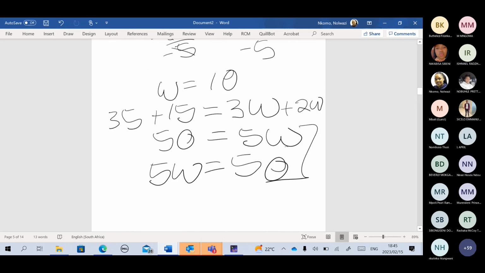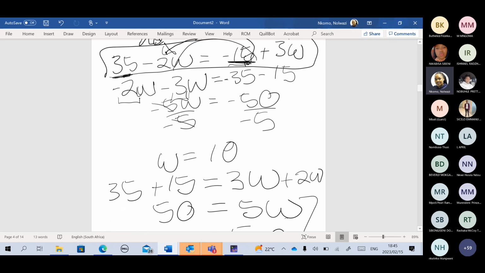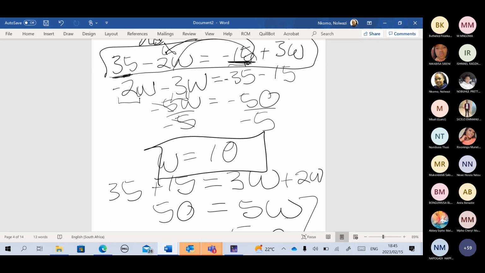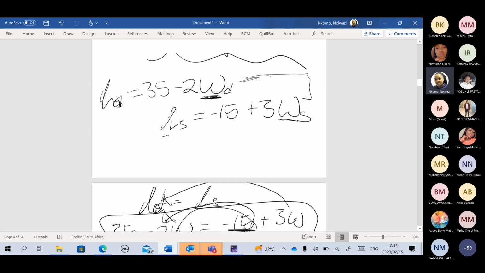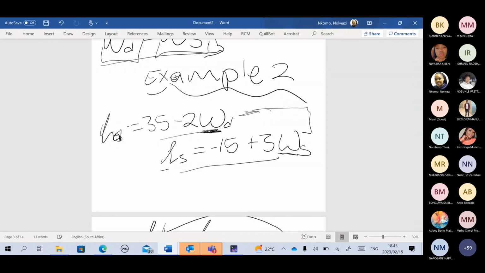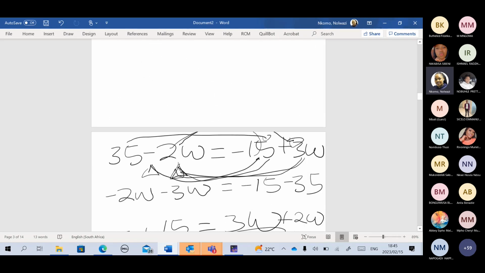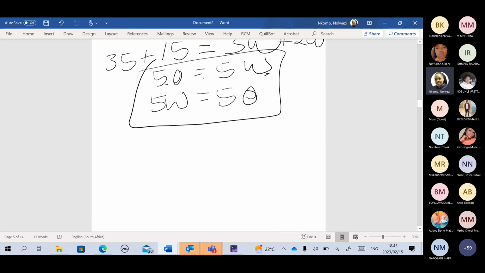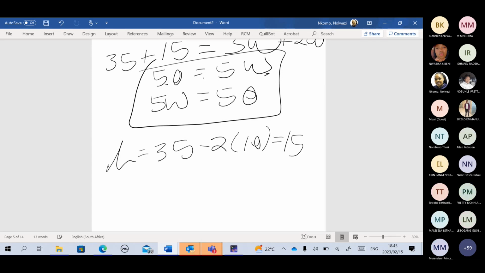Okay, we obtained W equals 10, which is our equilibrium wage. To get the equilibrium number of workers, you can just take this W and substitute back into any of the given equations.